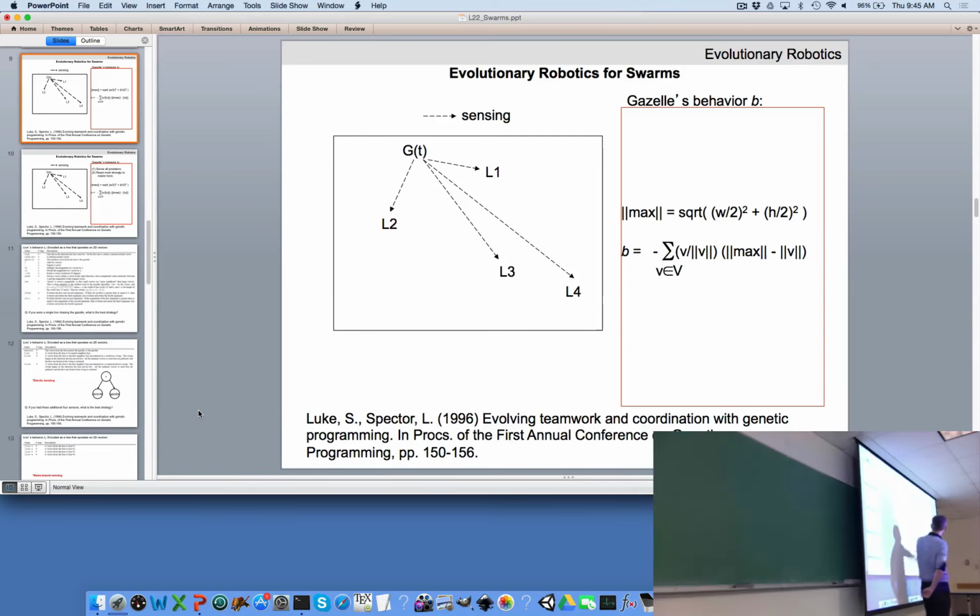We're going to sum those vectors. We're also going to compute the length of the maximum vector. So how far away can the gazelle ever be from a lion? The answer is if the gazelle is here and a lion is here, that is the longest distance that a gazelle can ever be away from the lion. And we're going to use that to normalize this sum.